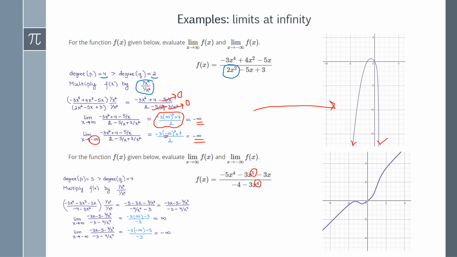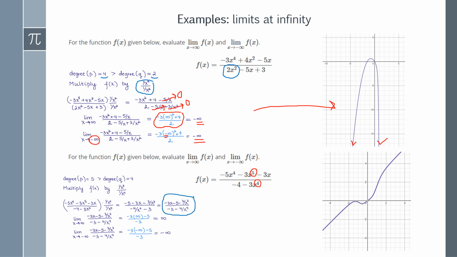We need to multiply our function by 1 over x to the fourth over 1 over x to the fourth. Okay, so here you see the solution. All right, I carefully multiply my top and bottom. And once I simplify, I get this. So I kind of rewrote it a little bit.